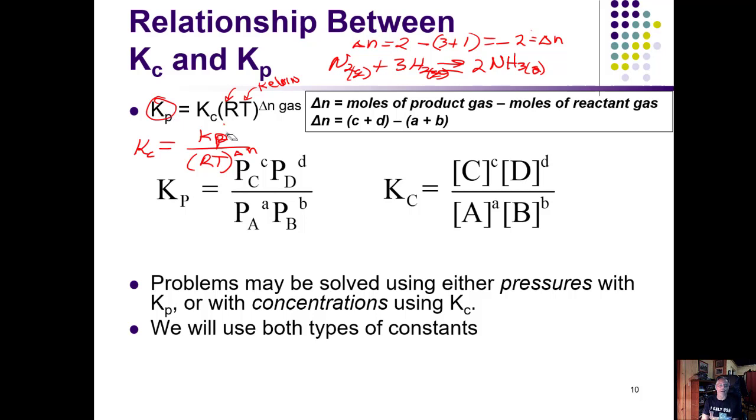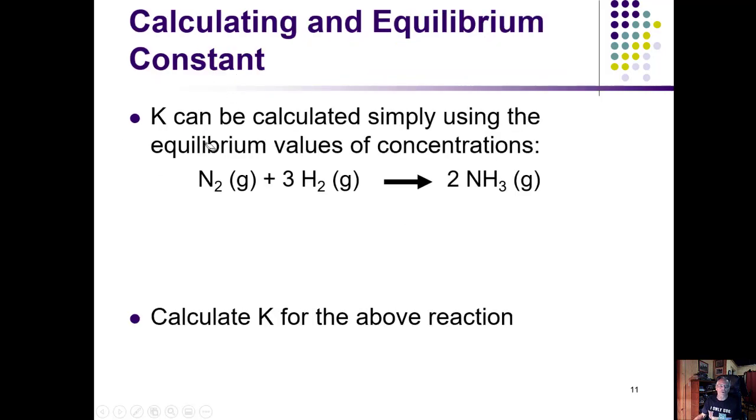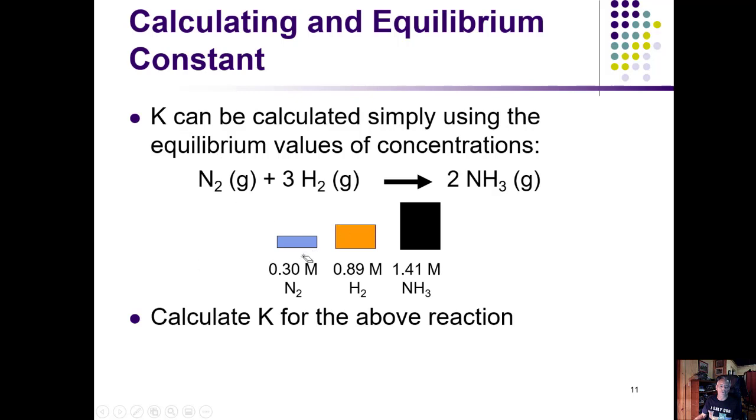You can handle that. Last thing we're going to do on this little video is calculate the equilibrium constant for this reaction. Let's calculate the equilibrium constant given that our equilibrium concentrations for the Haber-Bosch process are 1.41 molar of ammonia, 0.89 molar for hydrogen, and 0.30 molar for nitrogen.